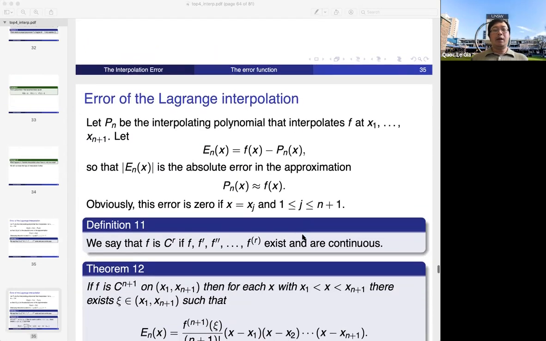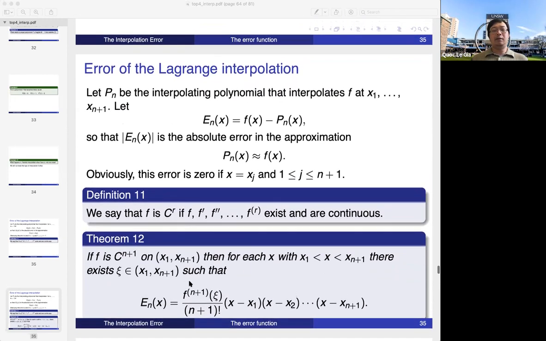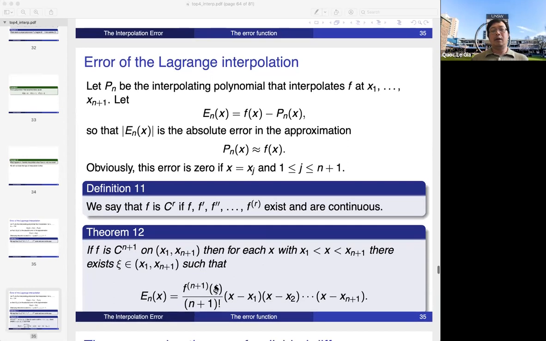And now the theorem says that the error can be given explicitly like this. If f is n plus 1 times differentiable, I mean continuous and differentiable, on the interval starting at x1 and ending at the last data point, then you can write down the error function En(x) as this explicit formula.